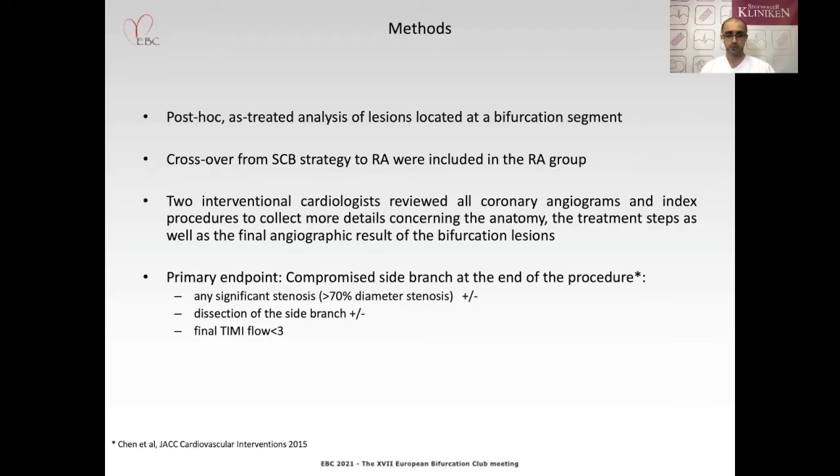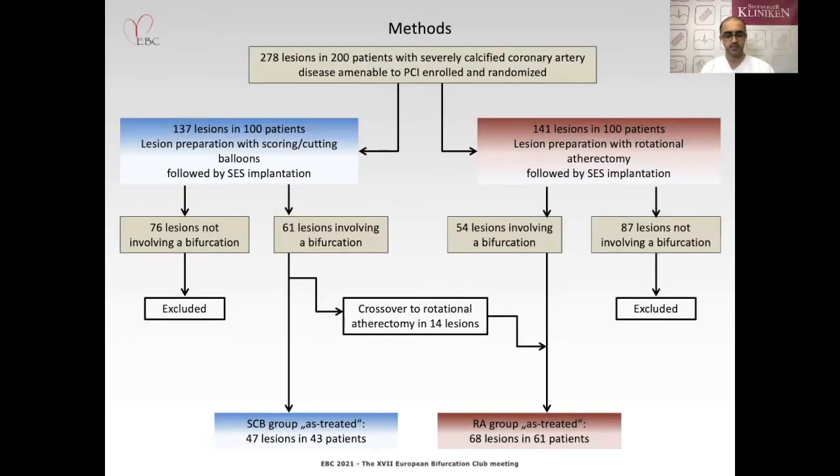The primary endpoint of this analysis was compromised side branch and was defined as any significant stenosis of more than 70%, any dissection of the side branch, or final TIMI lower than 3. Here is the study flow chart.